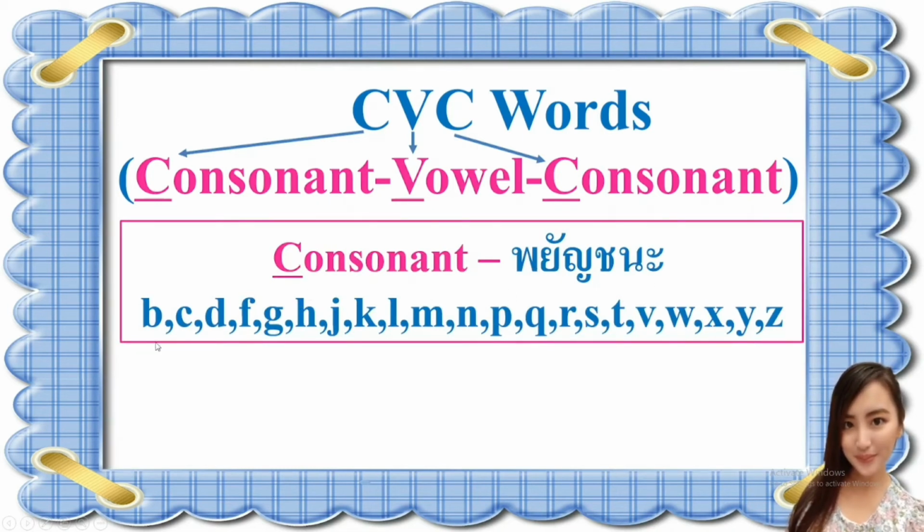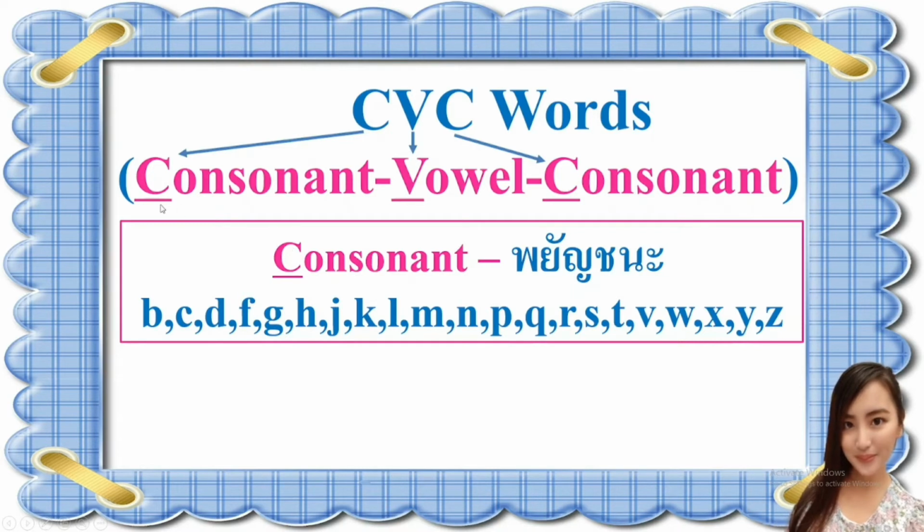So these are the consonants in the English alphabet. We have letter B, C, D, F, G, H, J, K, L, M, N, P, Q, R, S, T, V, W, X, Y, and Z. These are the consonants in the English alphabet.